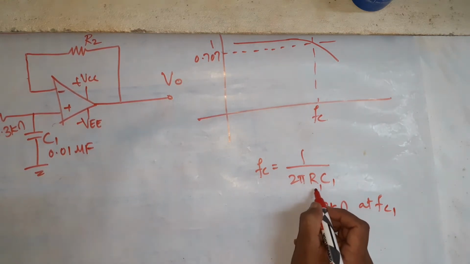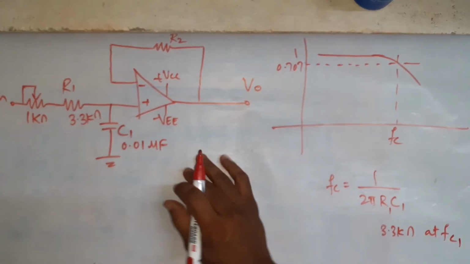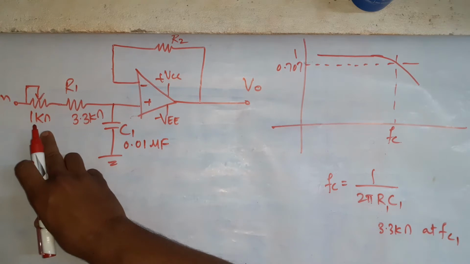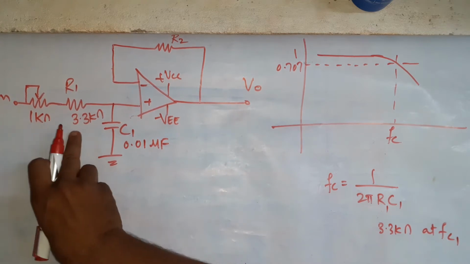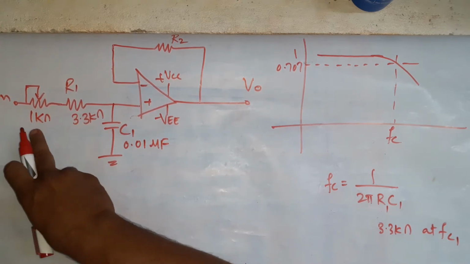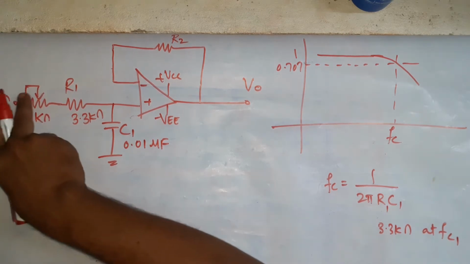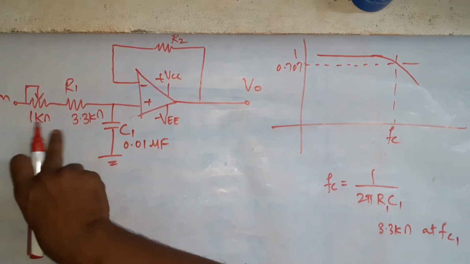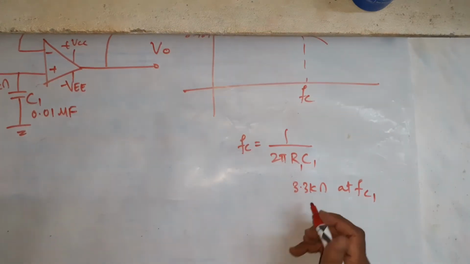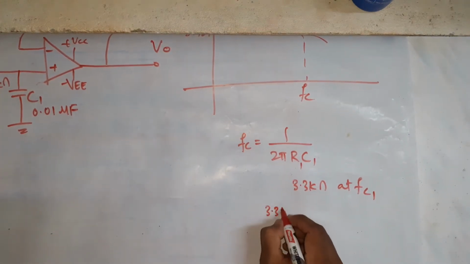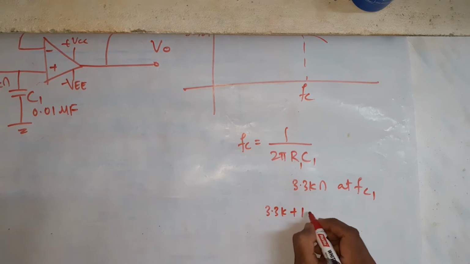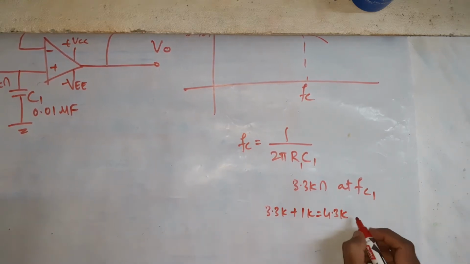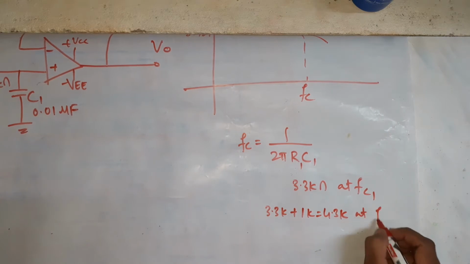Now if R1 is increased to 3.3 kilo ohm plus 1 kilo ohm, if this whole resistance is added in series, then this becomes 4.3k.